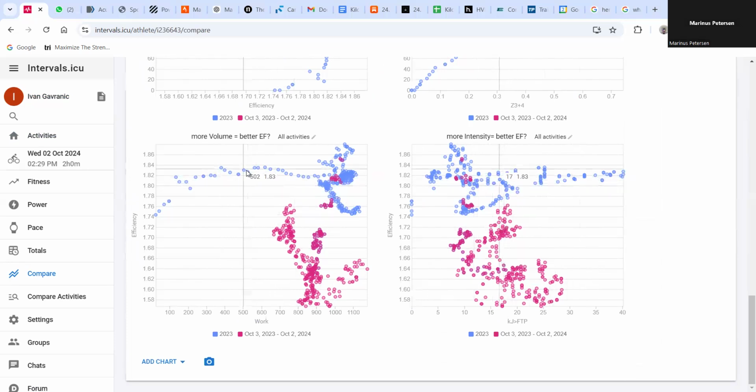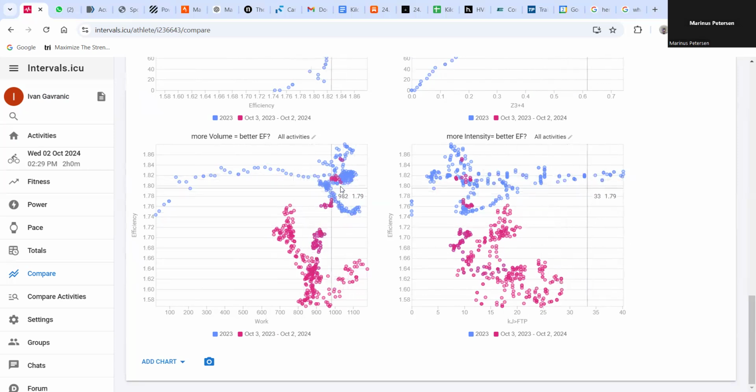Although it seems in the past you can see they've been doing more intensity. This kilojoules over FTP is what I've been using as my proxy for intensity, so moving average of kilojoules over FTP, and here we've got moving average of total work, so that's just all volume done in kilojoules.